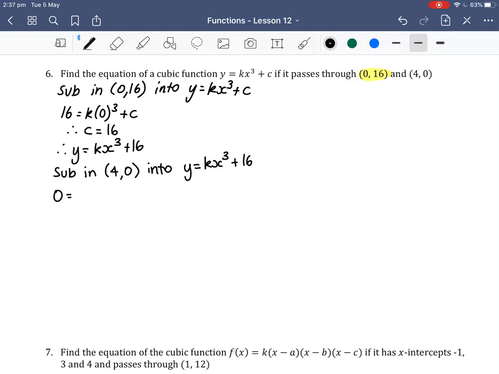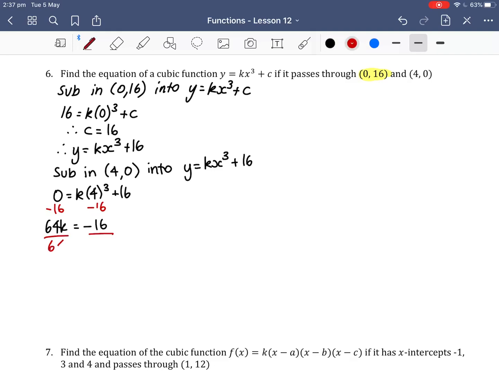So we get 0 equals k times 4 cubed plus 16. We're then going to minus the 16 from both sides. So we get 64k equals -16.